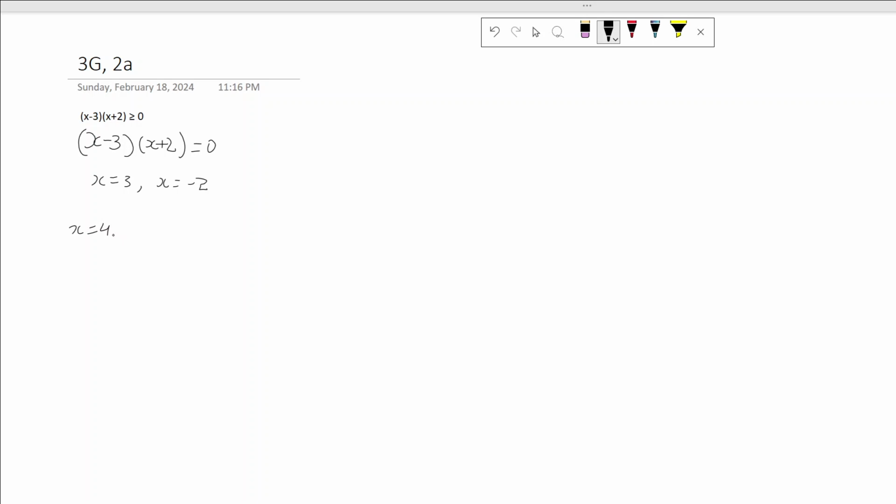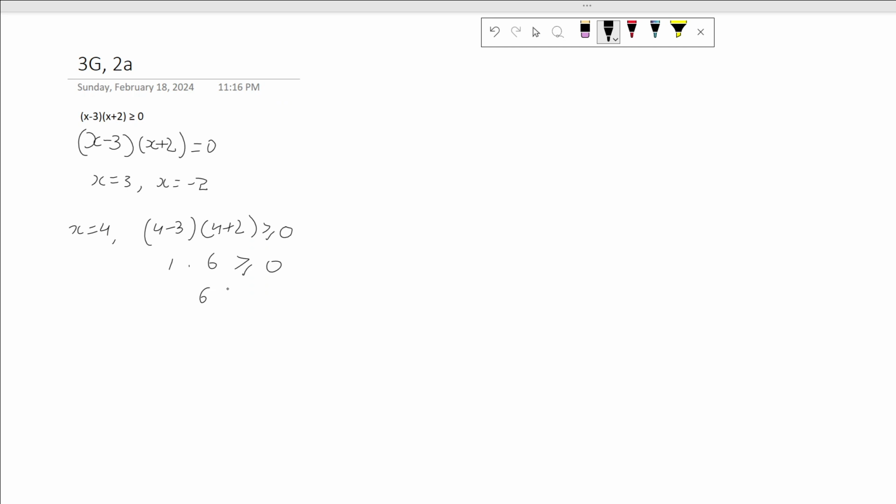So after substitution, what do we get? (4 − 3)(4 + 2) ≥ 0. Let's check. So 1 times 6 is greater than or equal to 0. So of course 6 is greater than 0.